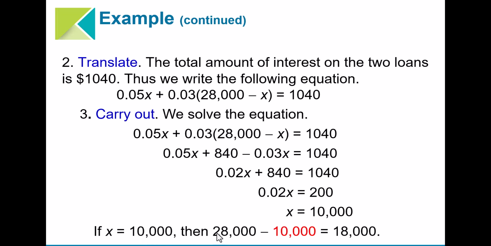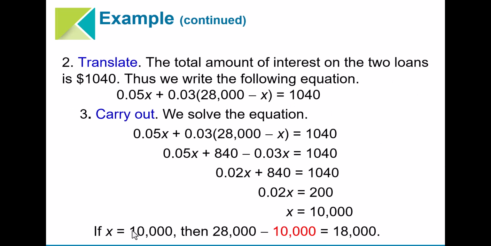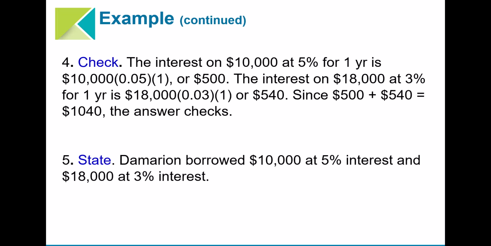So if x is 10,000, then the other loan would have been 18,000. And we always like to look at this in check, right? And so if I actually take these values that I got, the 10,000 and 18,000, and I do the 10,000 at 5% interest and the 18,000 at 3% interest, I can see when I add these together, my answer does check and I get my final result.